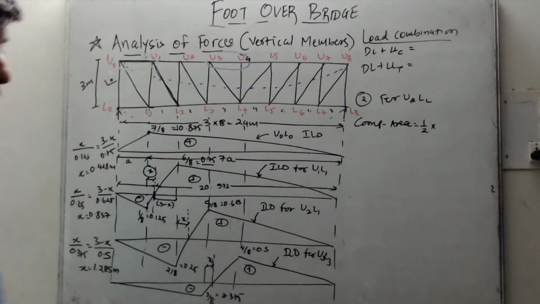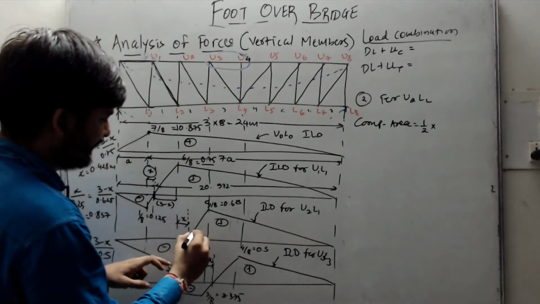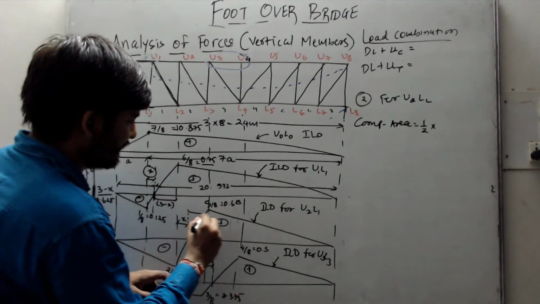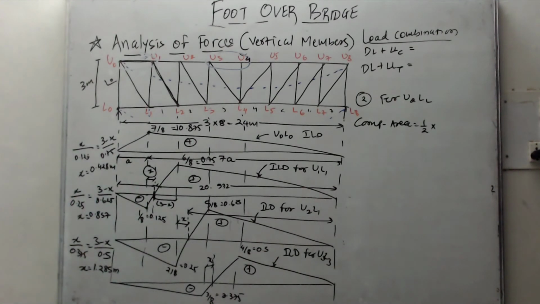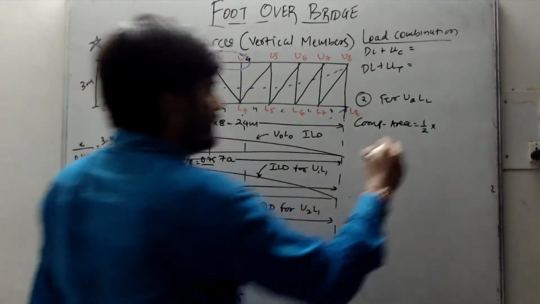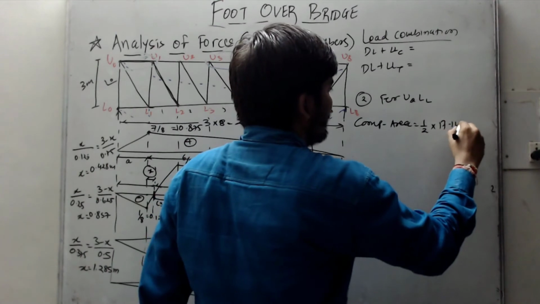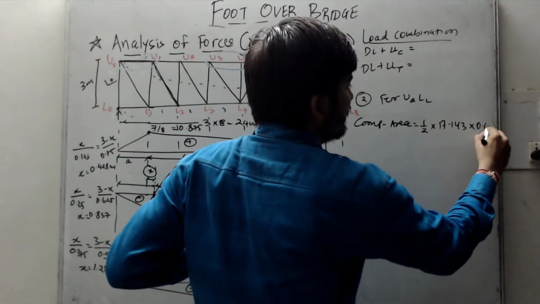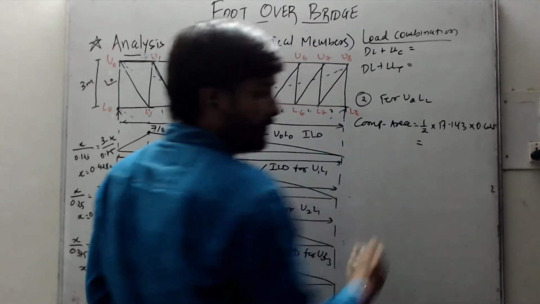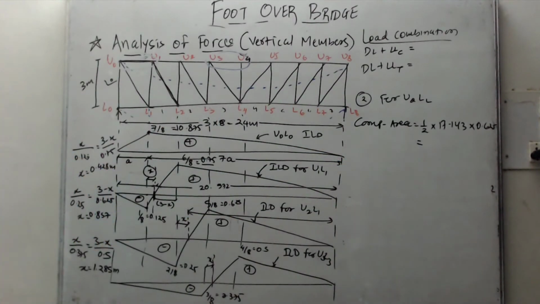In this case this will be my base, from this distance up to the end. So I am getting that as 17.143, multiplied by height 0.625. So you get this value as 5.36 meter square.